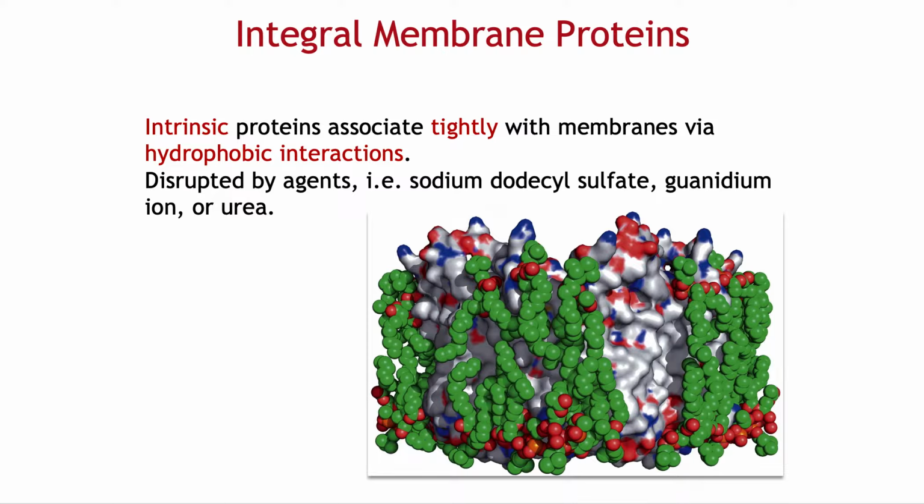Right here is shown a figure as a surface diagram showing you the surface of the protein, where you have neutral atoms shown in white or gray, and then you have positively charged residues shown in blue. Those would be lysine or arginine, which are positively charged under physiological conditions. And then you have the negatively charged residues, shown in red.